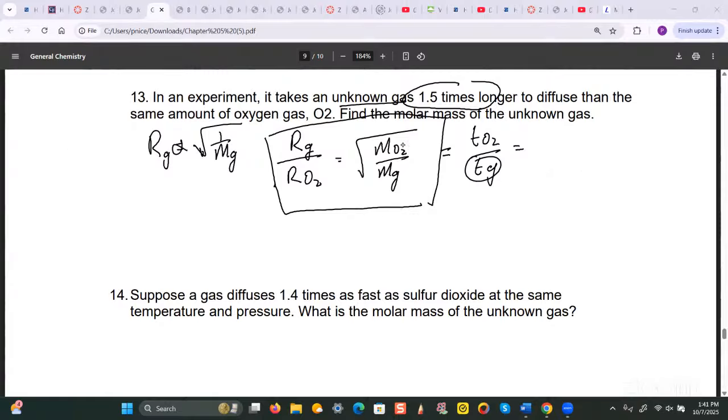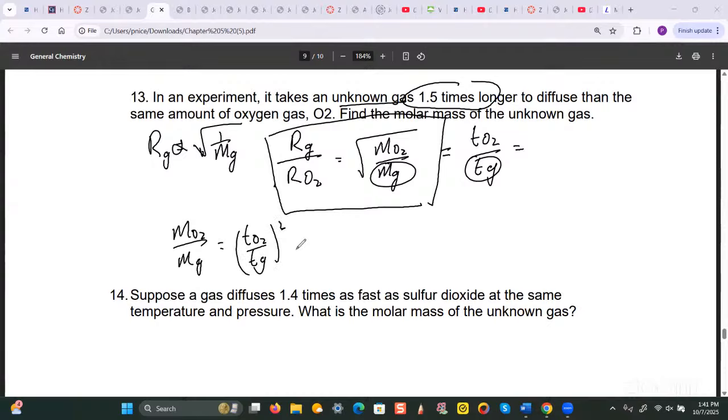So, the aim of this is to determine this, right? First question I have to ask you is, how would I get rid of the square root sign? Square both sides, right? So if you square both sides, you're going to end up with MO2 over Mg is equal to TO2 over Tg squared, right?